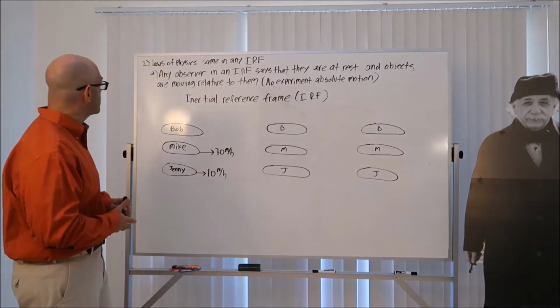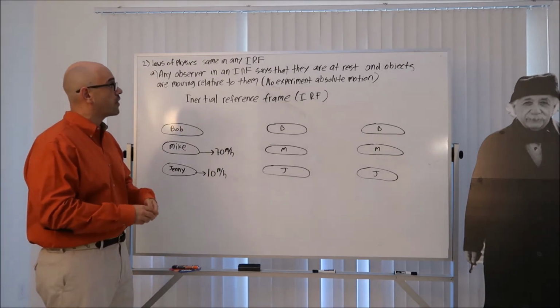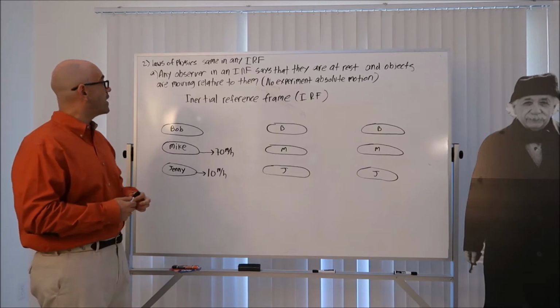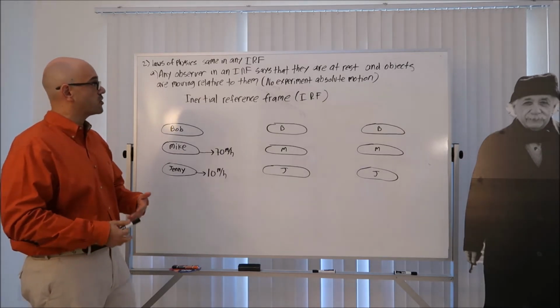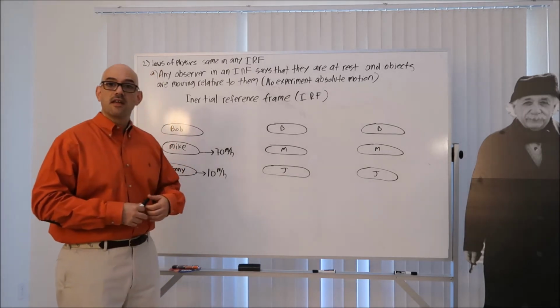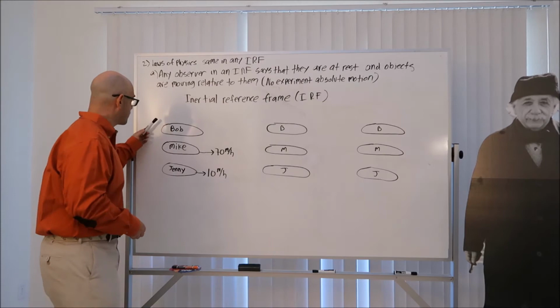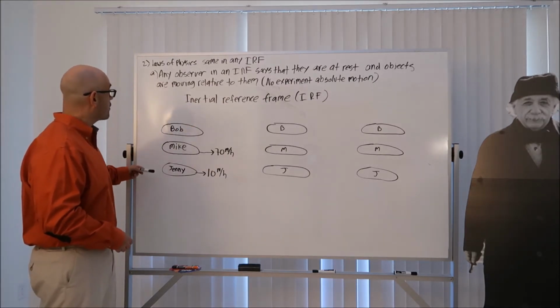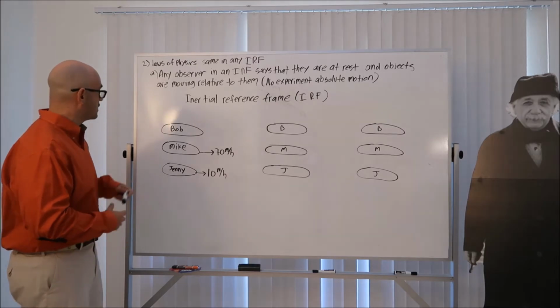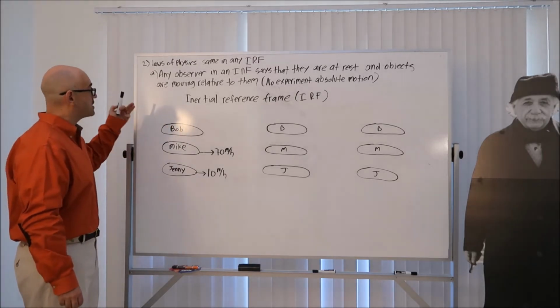Now, Einstein's second postulate says an observer in an inertial reference frame says that they are at rest and objects are moving relative to them. There's no experiment for absolute motion. So let's assume that there are three ships. Bob is on one, Mike is on another, and Jenny is on another. In Bob's inertial reference frame, Bob is not moving.